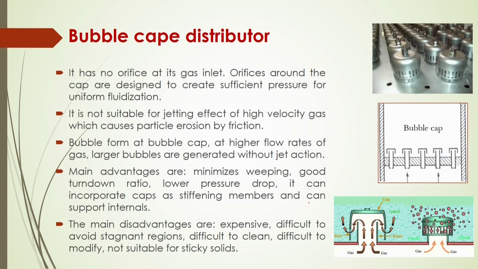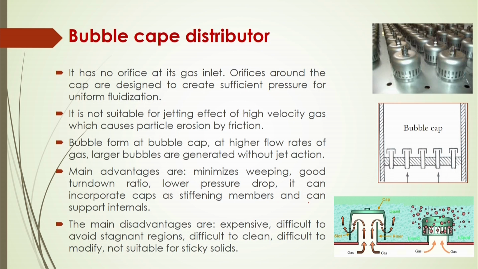And it is not suitable for jetting effect. For some fluidized beds, such as the jet fluidized bed, jetting is suitable in particular operations, but it is not suitable for this type of bubble cap distributor, because the high velocity gas causes particle erosion by friction inside the bed.